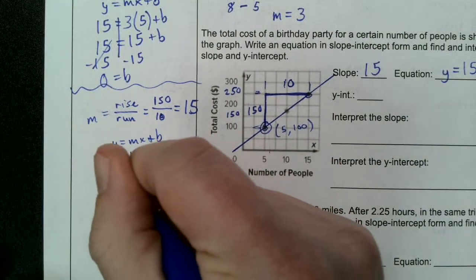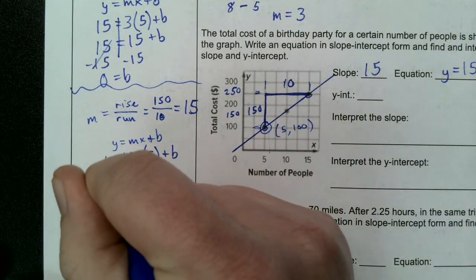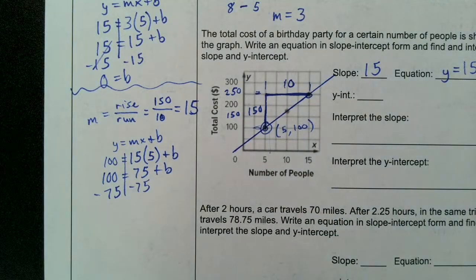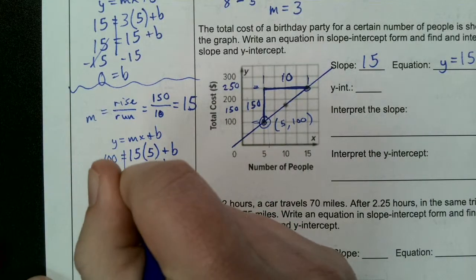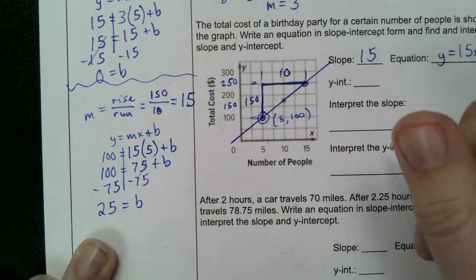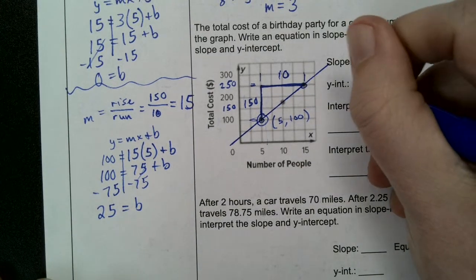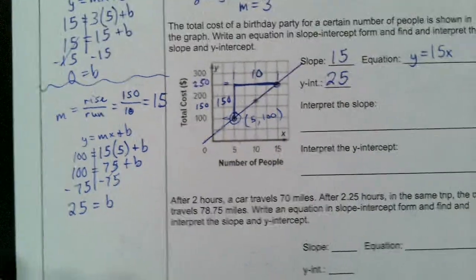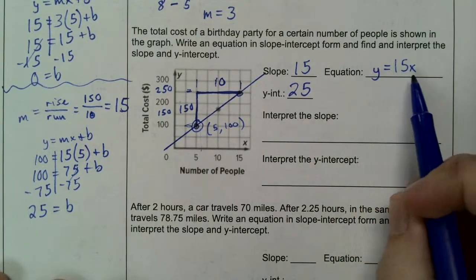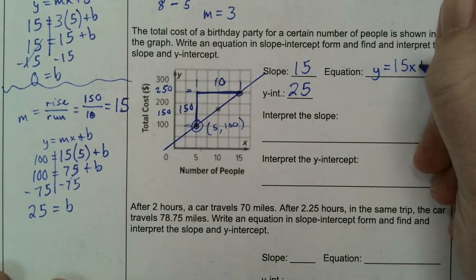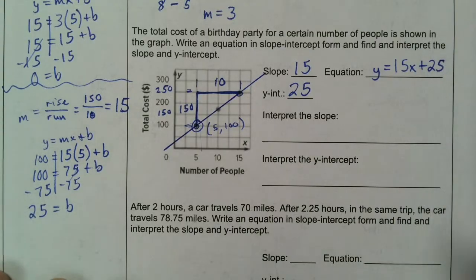And then I'm going to subtract 75, which I think is 25. Yeah. I've got 25 equals b. So my y-intercept is 25. So just throw it in here. Y equals 15x plus 25.